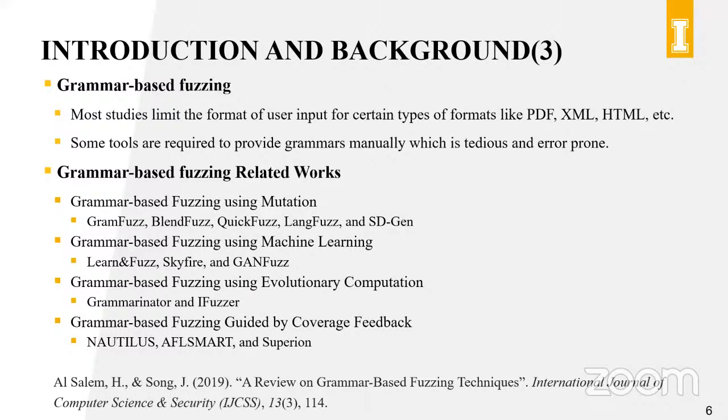So this is the main issue with the previous studies. There is related work on grammar-based fuzzing using mutation, grammar-based fuzzing using machine learning, grammar-based fuzzing using evolutionary computation, and grammar-based fuzzing guided by discovery feedback.